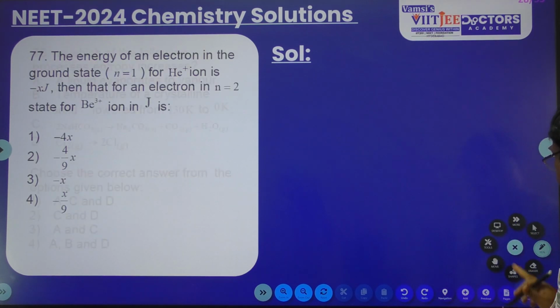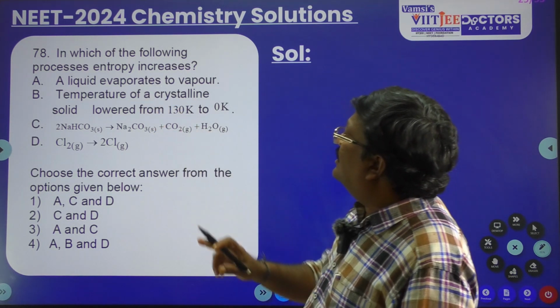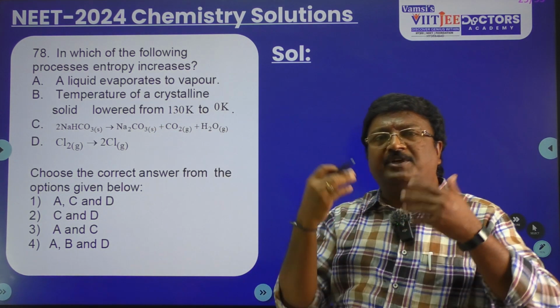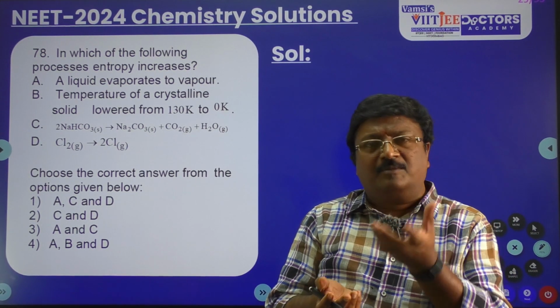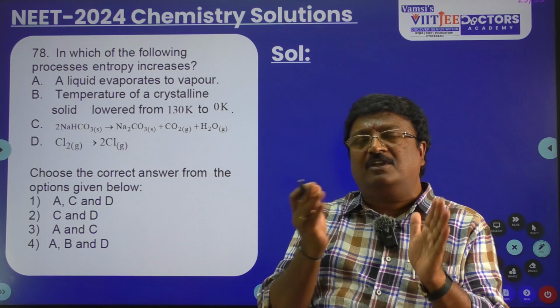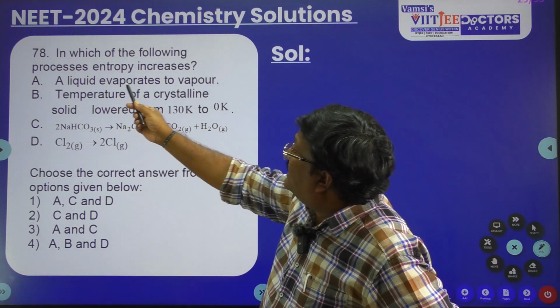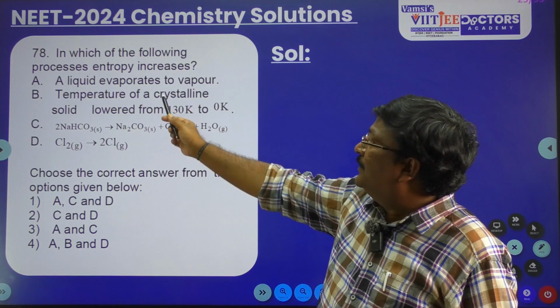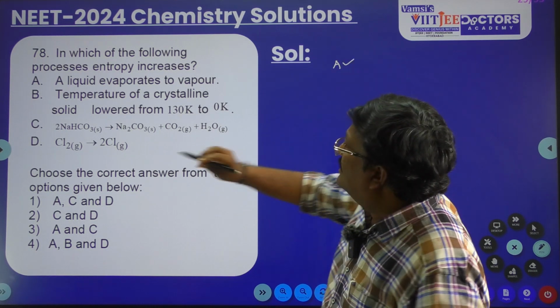Coming to the 77th: in which of the following processes does entropy increase? When entropy increases, what happens? The number of particles increases, temperature increases, and the state of matter changes from solid to liquid, liquid to gas. A liquid evaporates to vapor: entropy increases, A is correct, right?